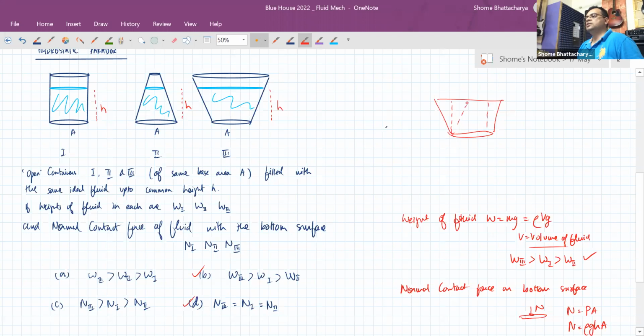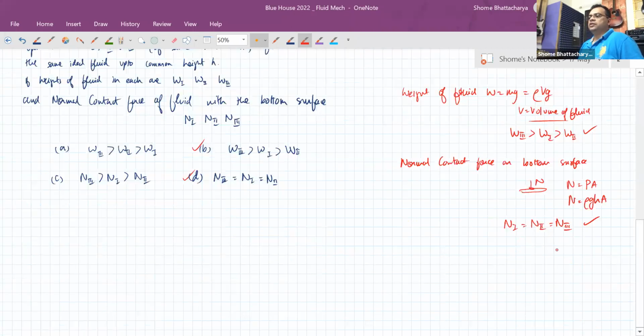And the second one is like this. So compare the volume of liquid in the containers. So it's easy to understand that the volume of the third container's liquid is maximum. Is it clear? Okay.